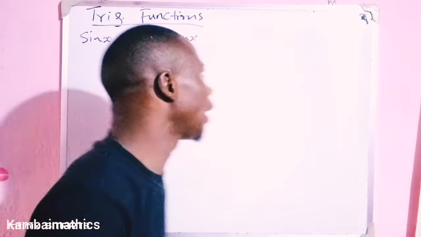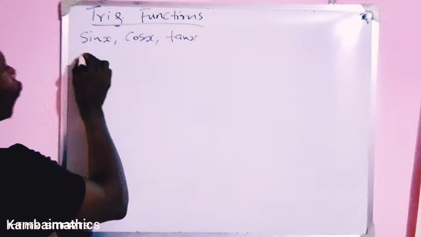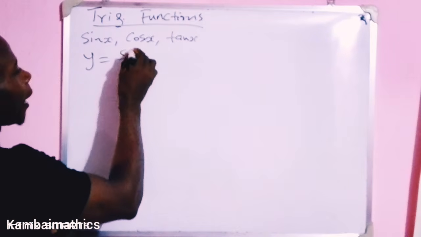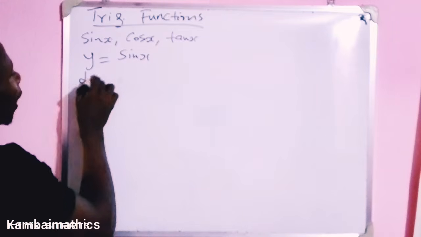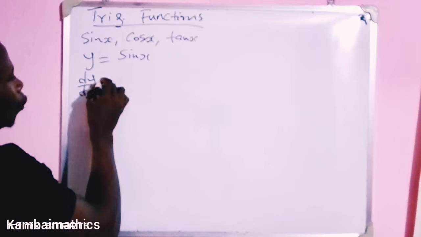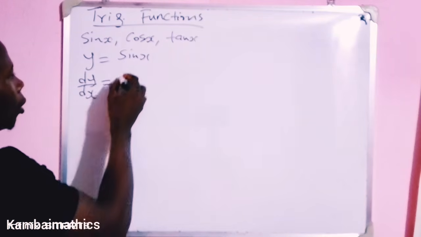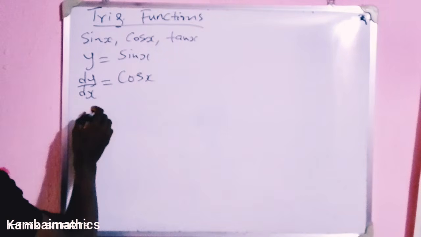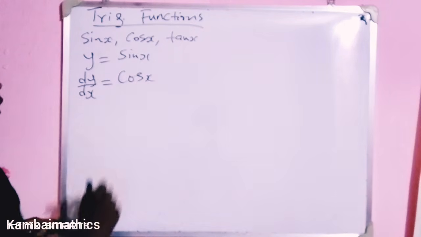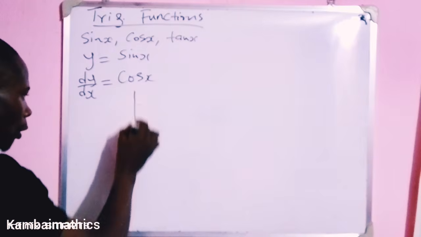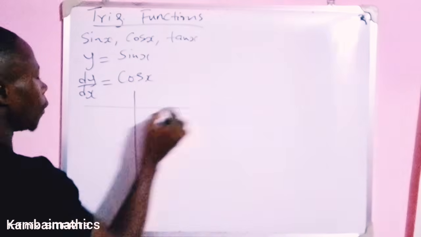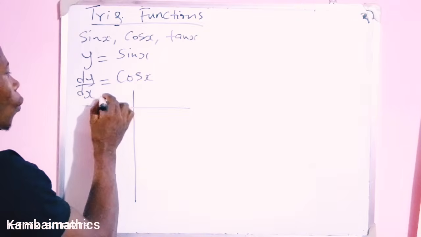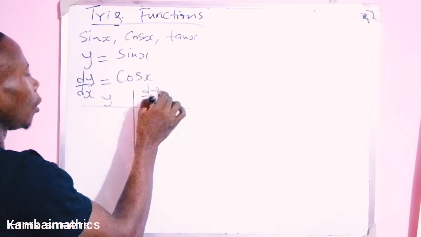So here, when we have y equals sine x, then dy over dx will be the same thing as cos x. Let me put it in a tabular form. We'll have y here, and we'll have dy over dx.